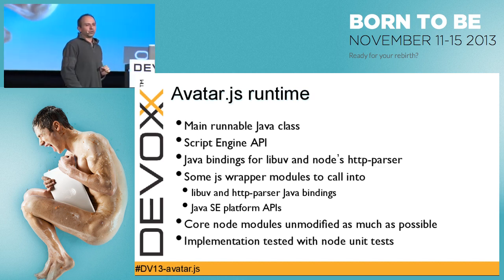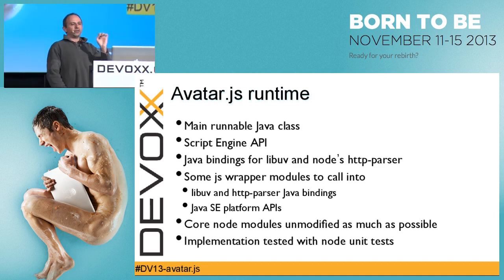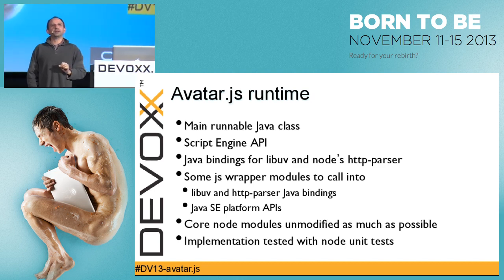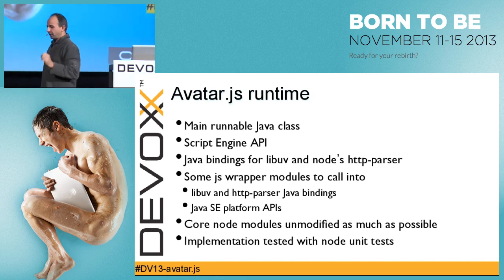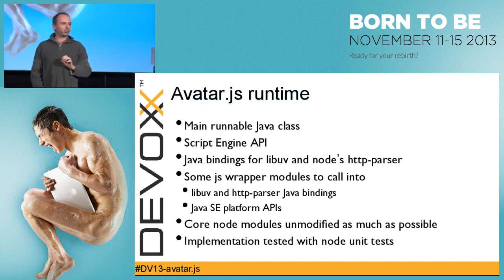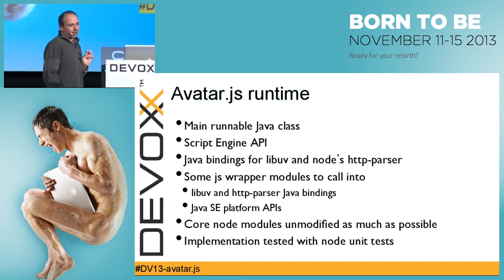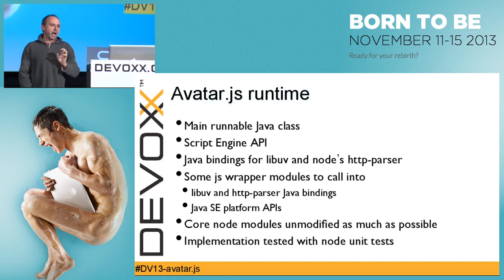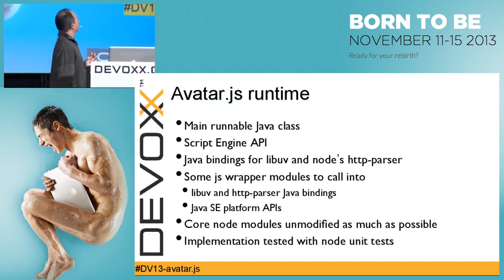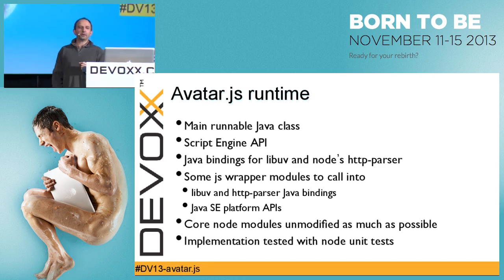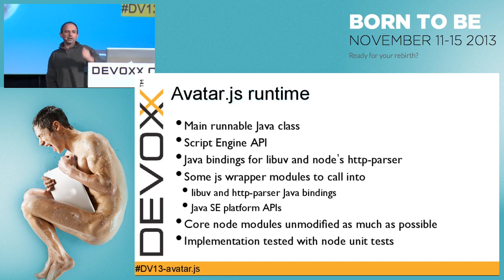I'm going to give you some details on what libuv is, but this library implements asynchronous I/O, and we have done the same. So we have developed a Java binding on top of this native library, and we are using it internally. We are doing the same also for the HTTP parser, which is also a native dependency of Node that deals with the HTTP format.